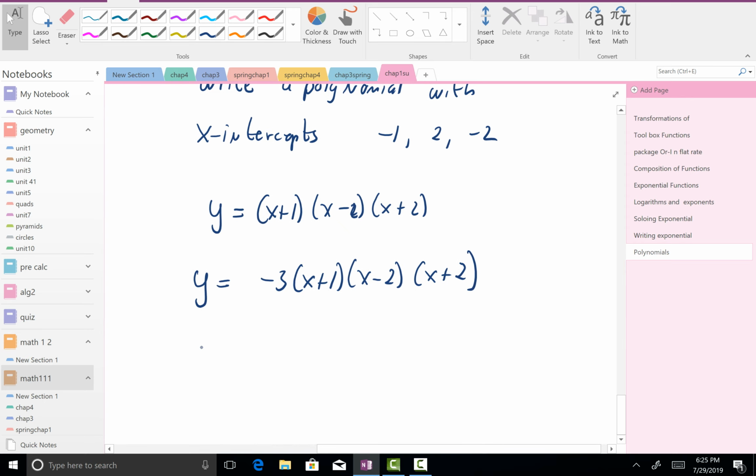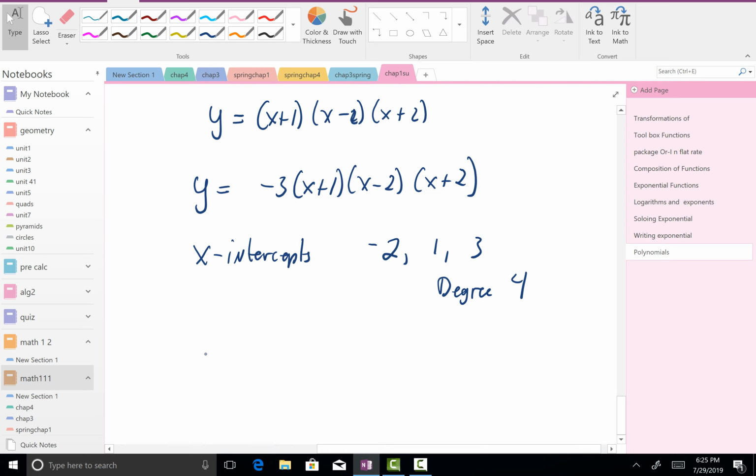What if we said x-intercepts of -2, 1, and 3, but the degree is 4? Let's see if we can write that one. So what's it going to look like?